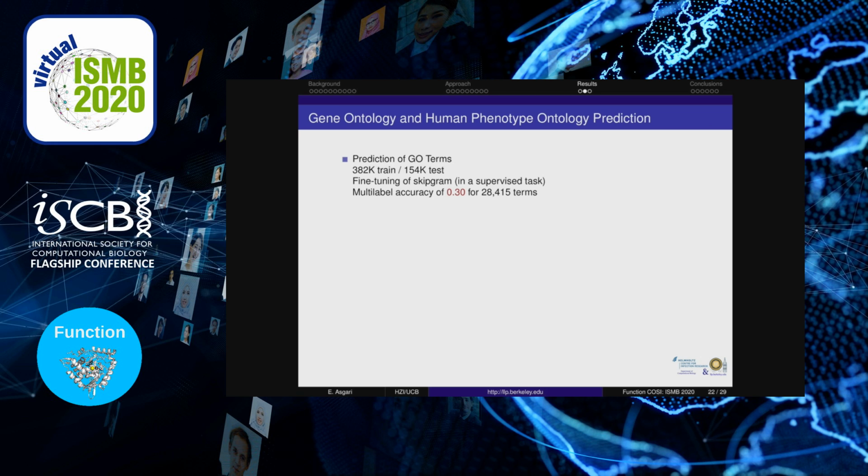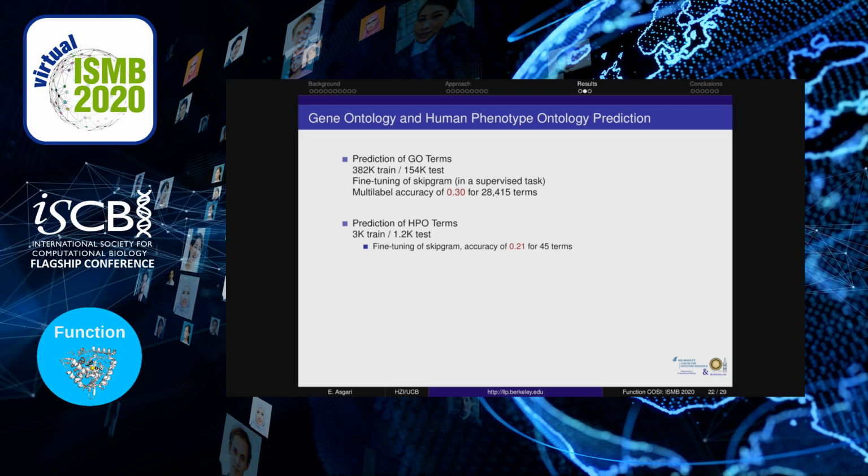And we achieve a multi-label accuracy of 0.3 for 28K labels. For the task of human phenotype prediction, we use 3,000 training instances and 1,200 cases for testing. First, we fine-tune the Skipgram embeddings for this supervised scenario, and we achieve an accuracy of 0.21 for these labels.